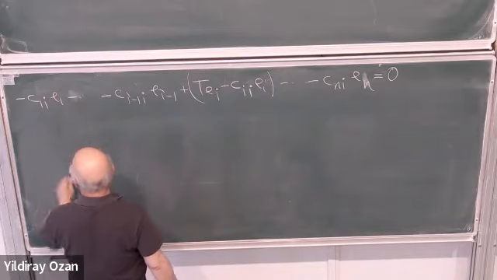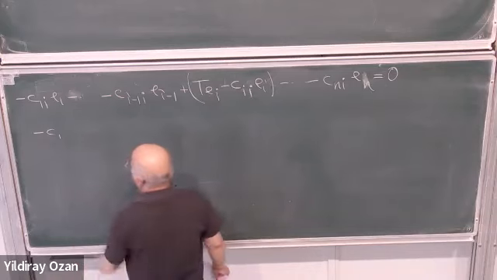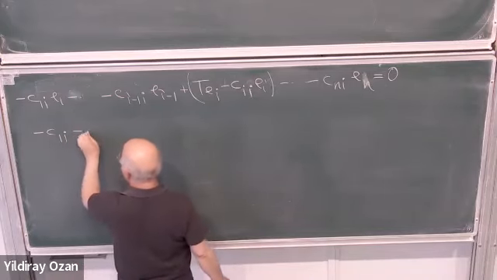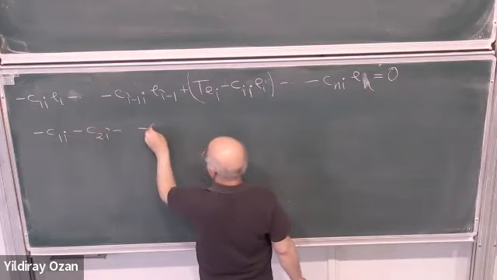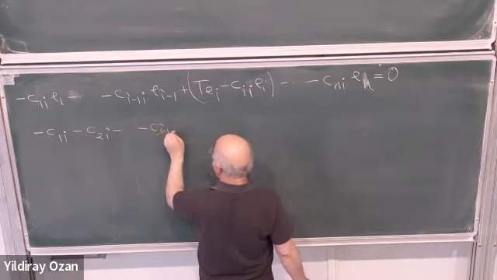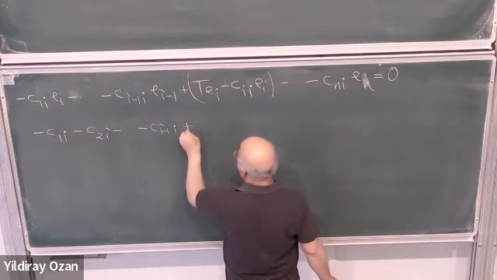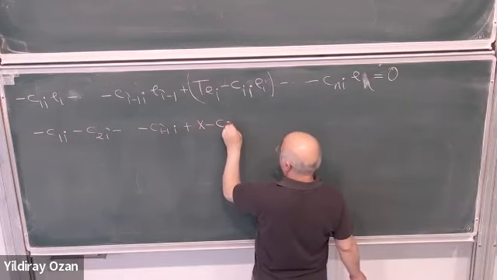So actually this is nothing but the following. You have this polynomial c_1i minus c_2i up to c_(i-1)i times e_i. And then here I have x minus c_ii.